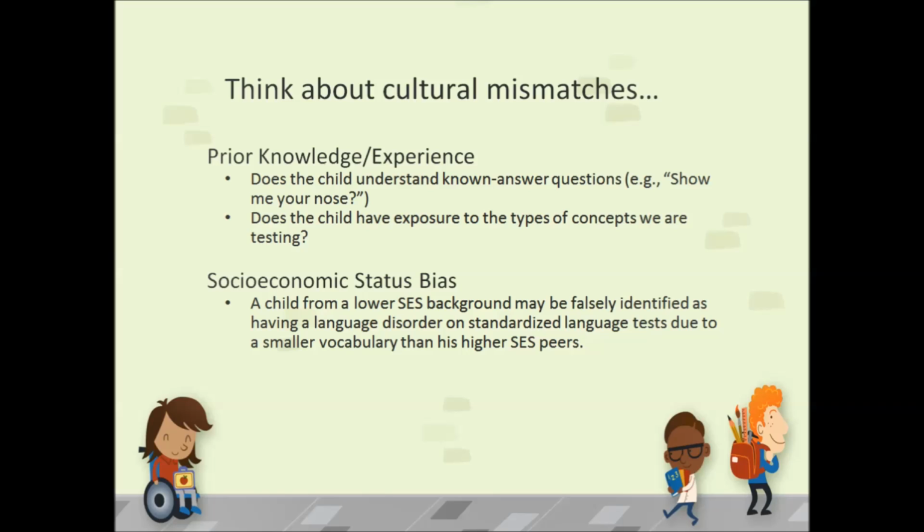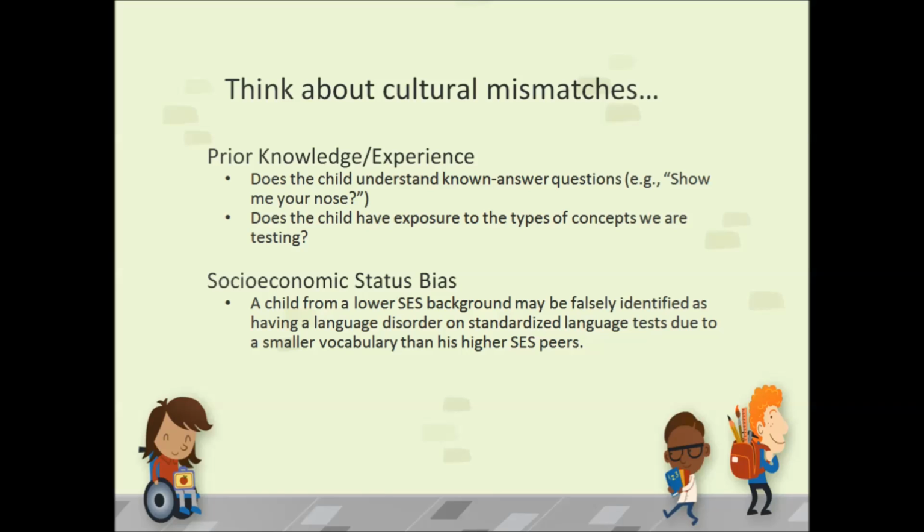Also, is what I'm testing pure knowledge, or am I testing what I'm really trying to test? For example, colors and numbers: is that really representative of their language, or is it just because they didn't have schooling?